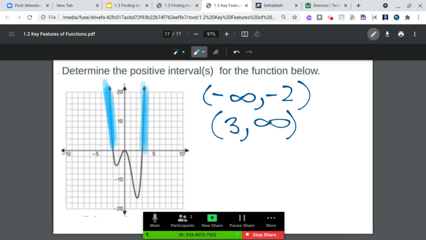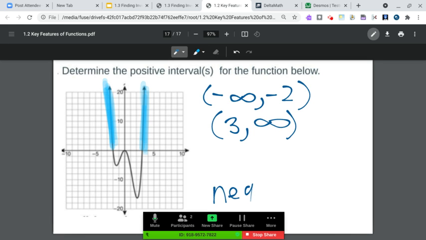So positive, you go above, negative, you look below. So what would your negative interval be here? From what x value to what x value would the graph lie below the x-axis? Negative 2 to 3.